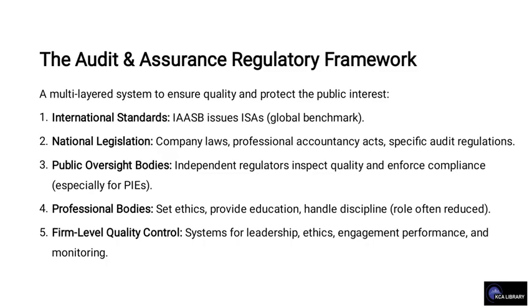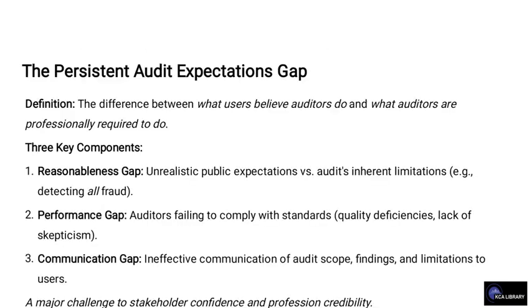We also have public oversight bodies, which include independent regulators who inspect quality and enforce compliance. We also have professional bodies who are vested with the responsibility of setting ethics, providing education, and handling discipline. And the last is firm-level quality control, a system for leadership, ethics, engagement, performance, and monitoring.